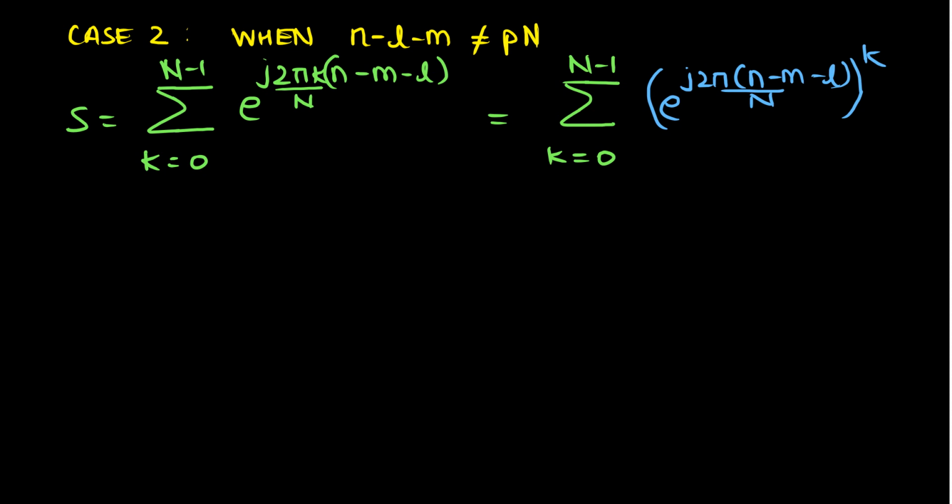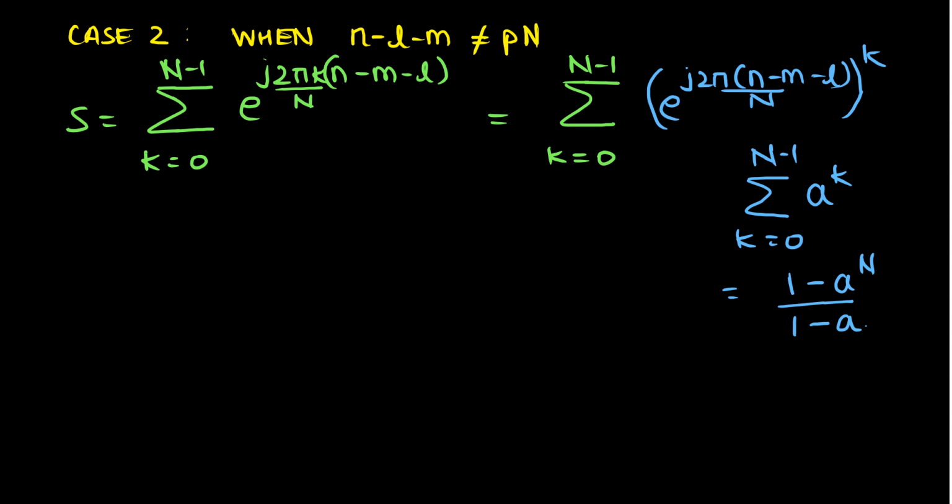k. So this resembles summation k running from 0 to N minus 1 a to the power k, and we know that it is given as 1 minus a to the power N divided by 1 minus a.